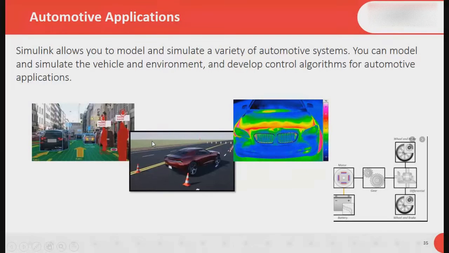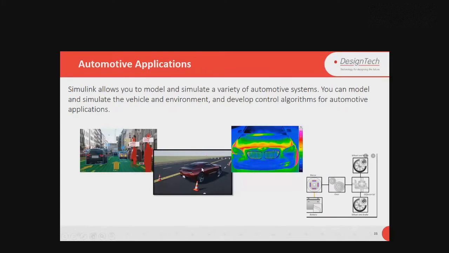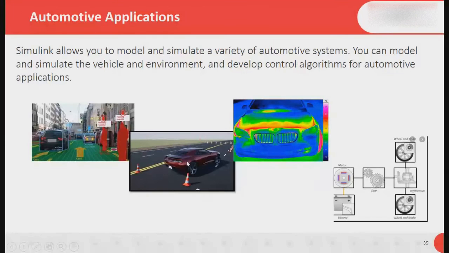Next, there is a Vehicle Dynamics Toolbox in MATLAB. If you want to design a complete vehicle, plus you want to create a scene for it with some hindrance on the road, you can create an animation. Your whole model you can animate and test on the path as well using the Vehicle Dynamics Toolbox.